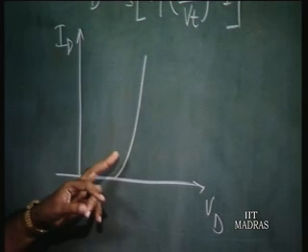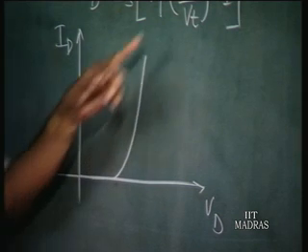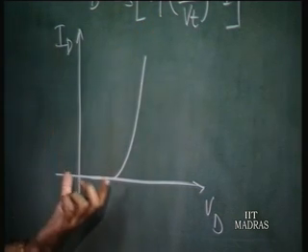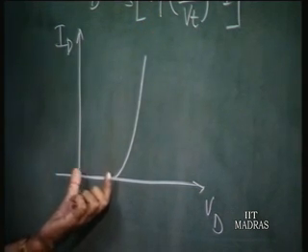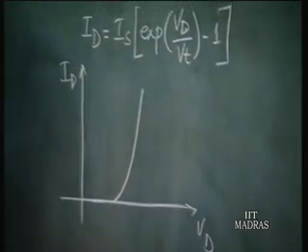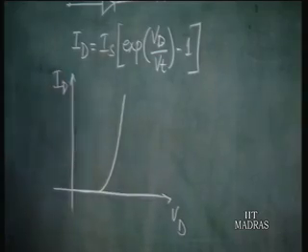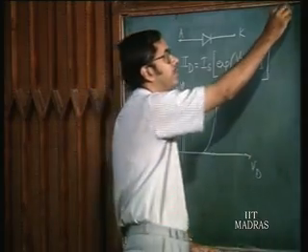The diode current is initially very small, as this is an exponential relationship. This current, as you see, is very small, but as we increase the value of Vd, it becomes appreciable.